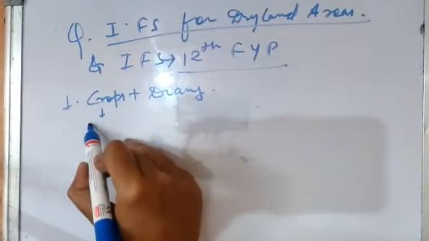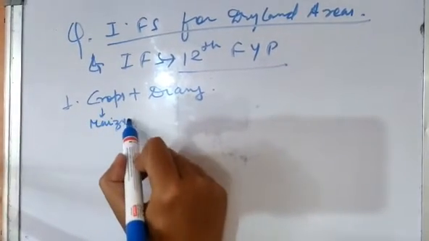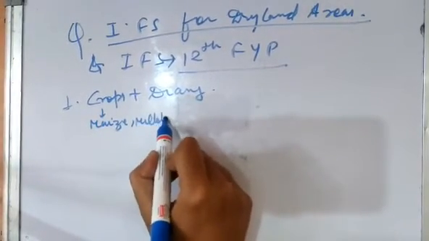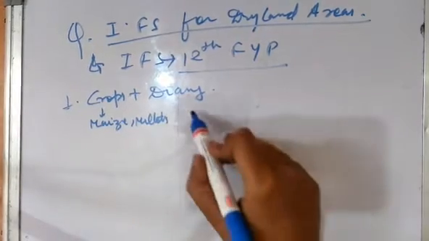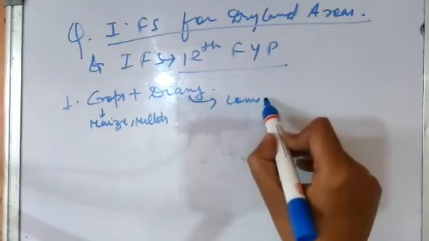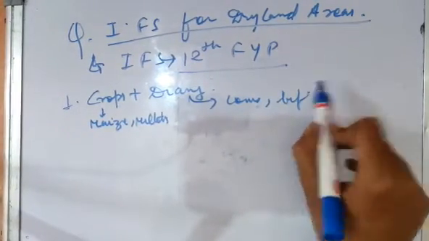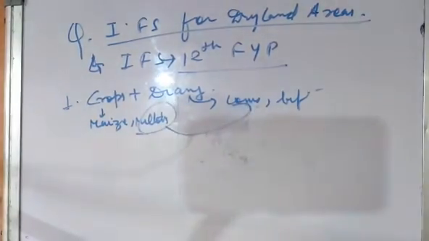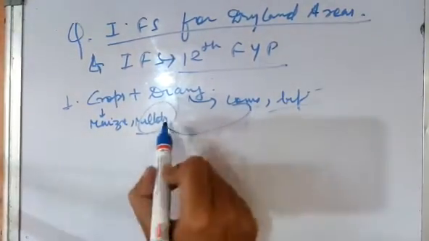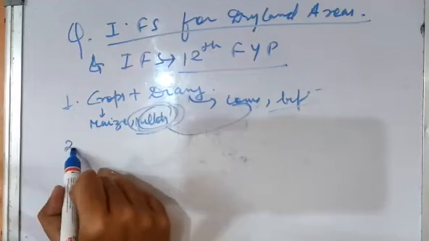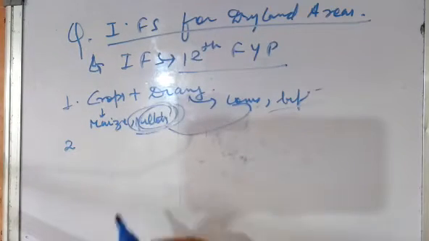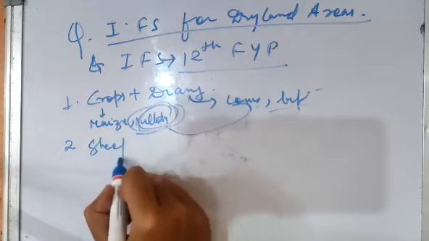What kind of crops? Maize, millets, with dairy animals like cows and buffaloes. Even millets can be eaten by animals and they are a very rich source of nutrition. Sheep rearing can be done in these areas.